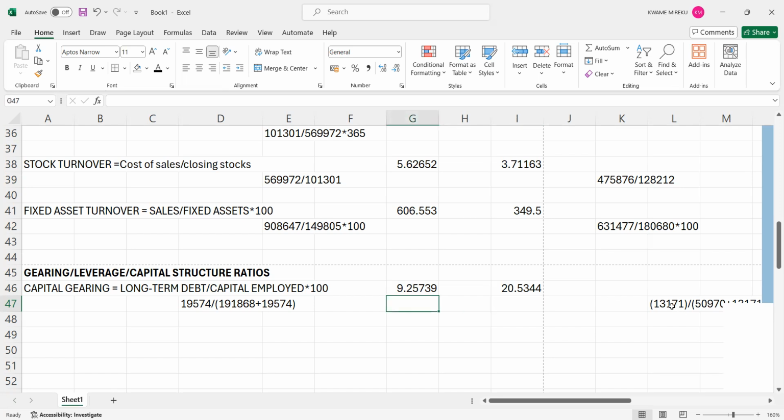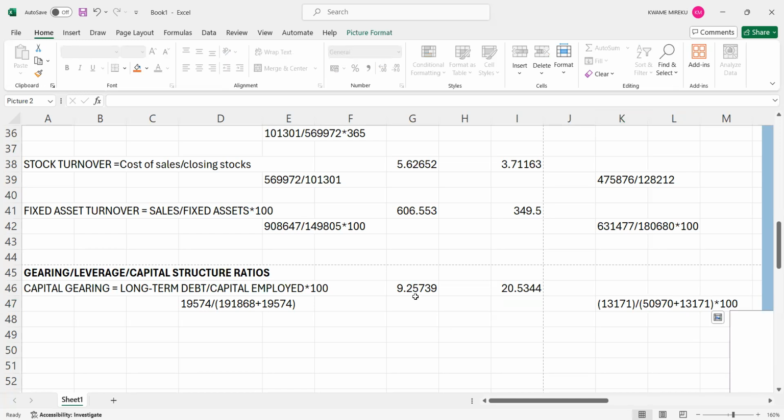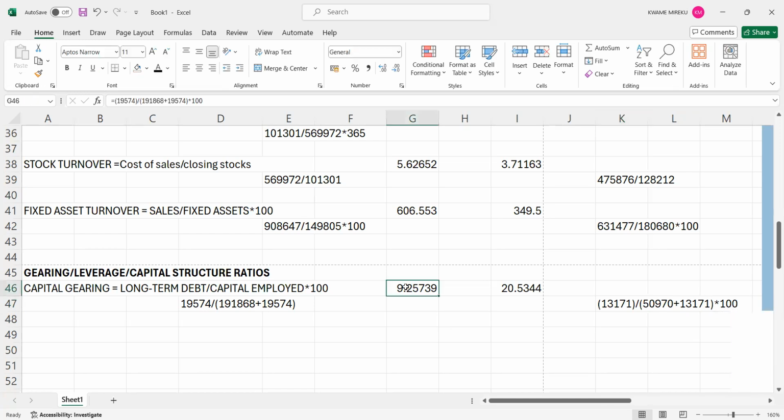So at least for 2022, we are only lowly geared because we are below the 50% threshold. But in 2023, this has reduced further. That means the riskiness of the company has reduced. Our risk level was 20.53%.